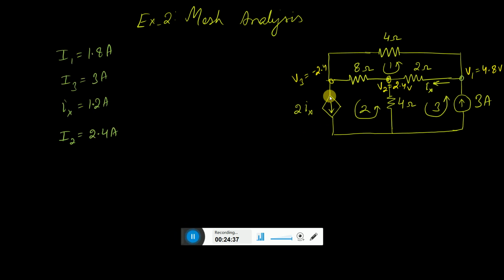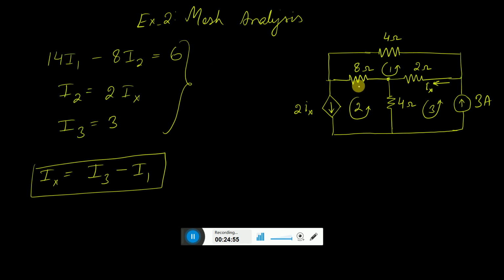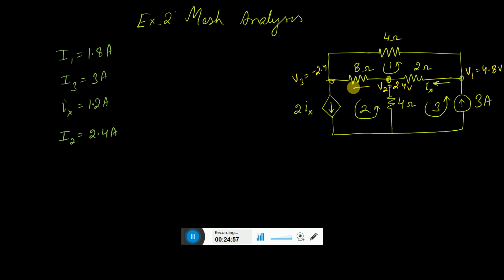From the node analysis, we calculated earlier and found the values of V1, V2 and V3. V1 is 4.8, V2 is 2.4 and V3 is minus 2.4. We can verify any one of it, like the current flowing through this 8 ohm.